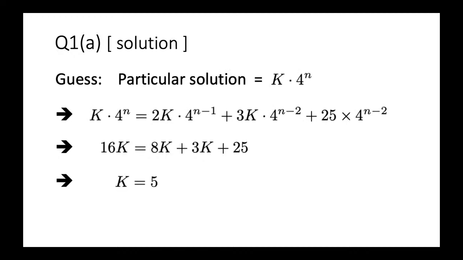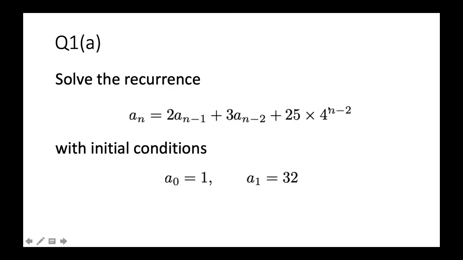What we can do here is find the particular solution and also the homogeneous solution for the recurrence relationship. For the particular solution, if you look at the recurrence, a linear combination of these a_n values will give us something that looks like 4 to the power n.